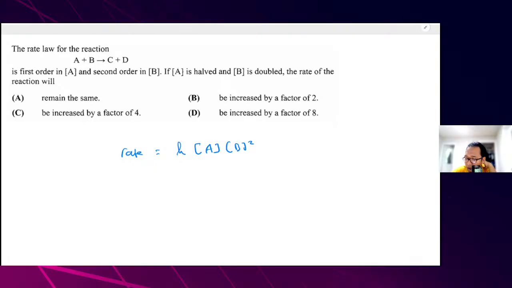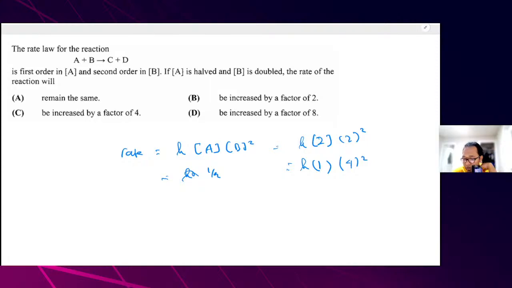If A is half and B is double, for example, if the previous one is 2 and then 2 squared, right, something like that, and then if we convert it with this one, if half, so K will be 1, right, and then double, which means 4.